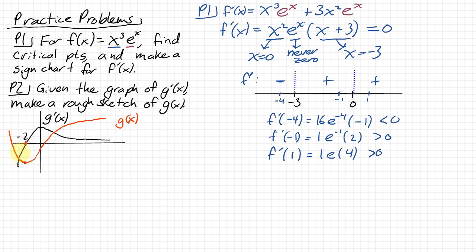So I drew something that goes from decreasing when g prime is negative to increasing again when g prime becomes positive at these values of x. The point where g should have the steepest positive slope is right here, where g prime is at its maximum positive value. So that's going to be an inflection point.